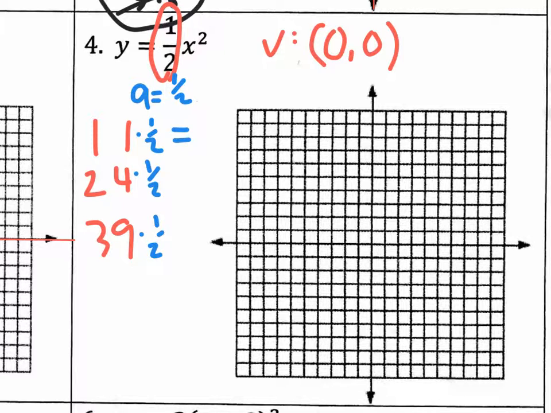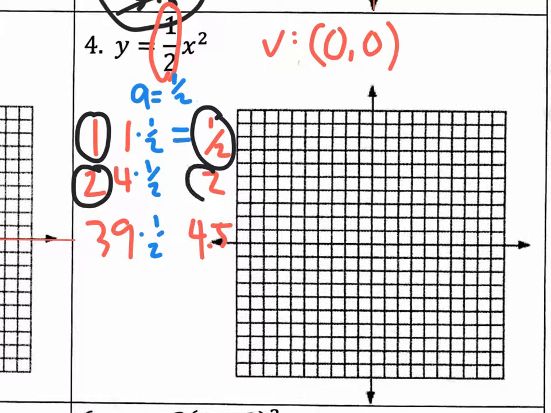That's half. What's 4 times half? That's 2. What's 9 times half? That's 4.5. Does that make sense? So my new pattern, instead of 1, 1, it's 1, 1/2. Instead of 2, 4, it's 2, 2. Instead of 3, 9, it's 3, 4.5.